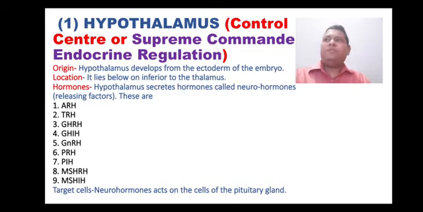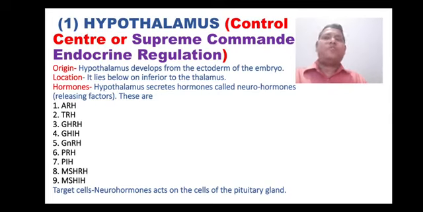Number 5, GnRH, gonadotrophin releasing hormone. It stimulates the anterior lobe of the pituitary gland to secrete the gonadotrophin hormones, follicle stimulating hormone FSH and luteinizing hormone LH. Number 6, PRH, prolactin releasing hormone.